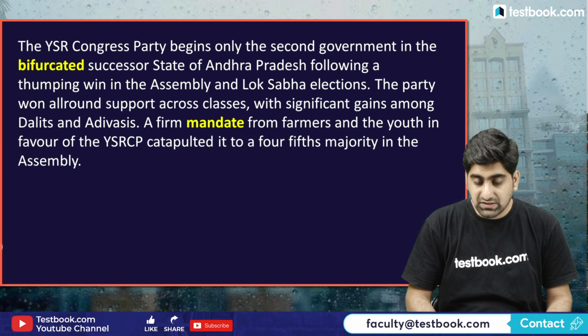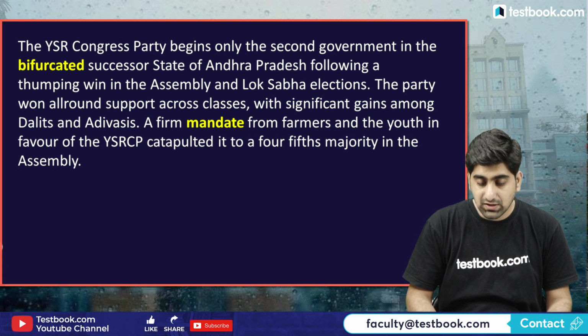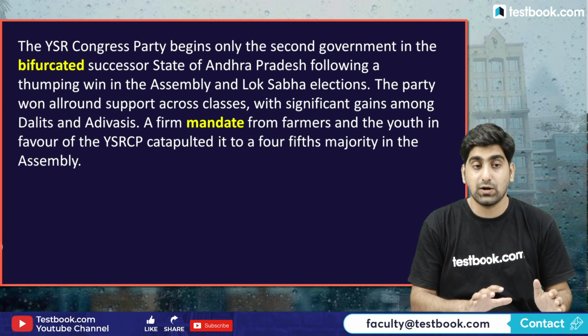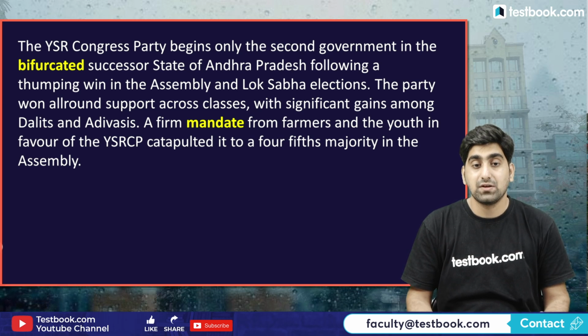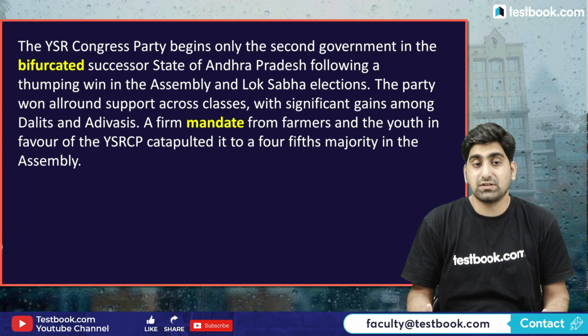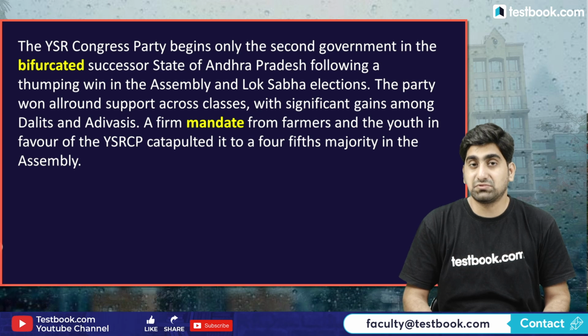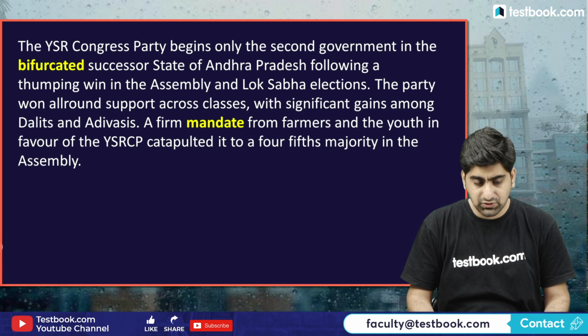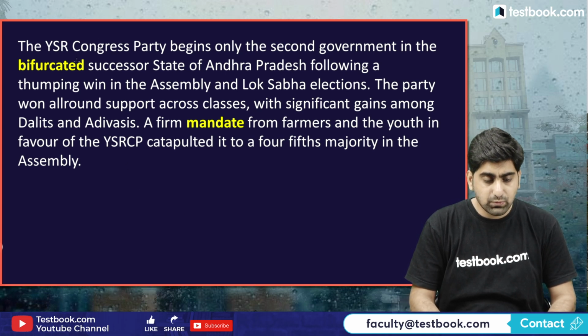A firm mandate from farmers and the youth in favor of the YSRCP catapulted it to a 4/5 majority in the assembly. So you can see how Dalit and Adivasis gained some significant support, thanks to all-round support across the classes and a firm mandate from farmers and youth in favor of it, which catapulted it. So the first word that I would like to discuss here is bifurcated.